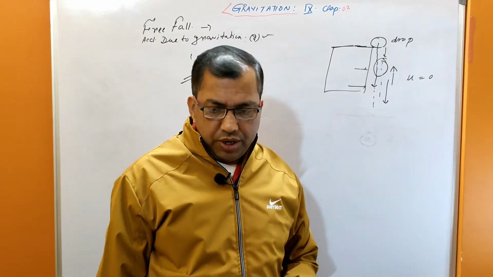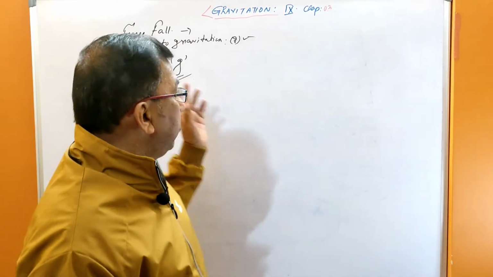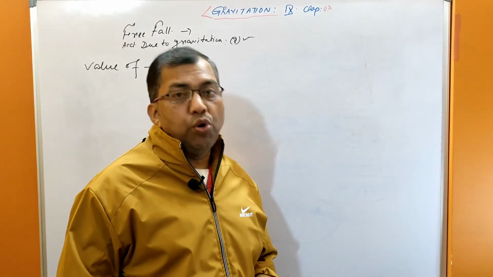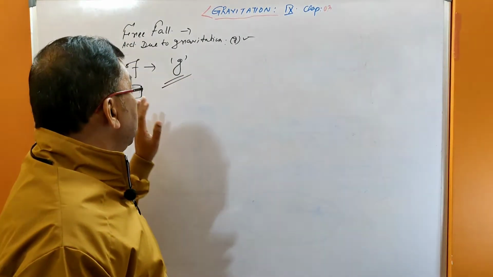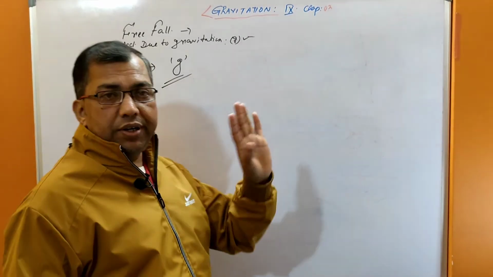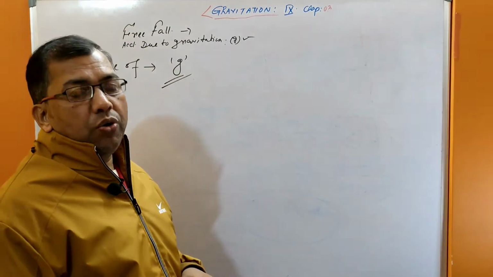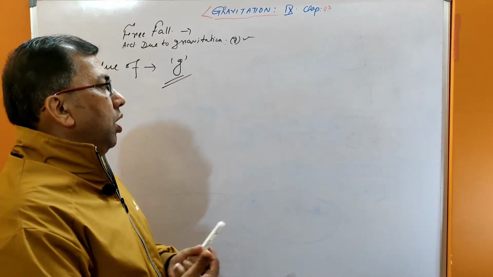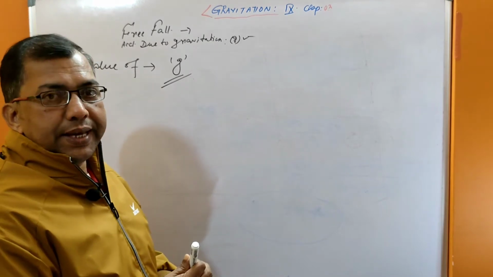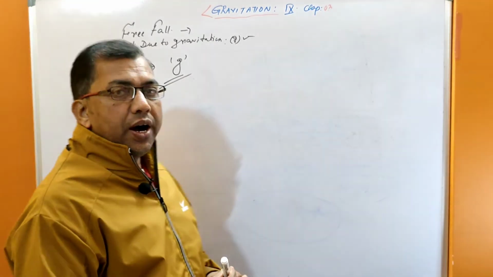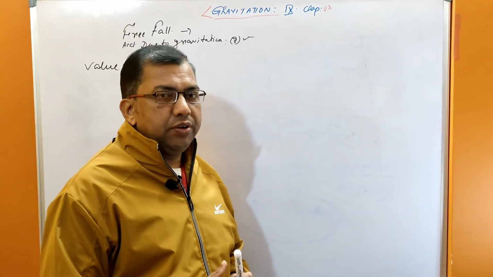Now let's find out the value of small g. How to find it? Suppose a body of mass m is attracted by the earth with constant gravitational force.